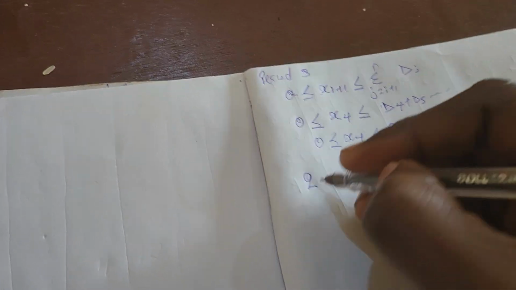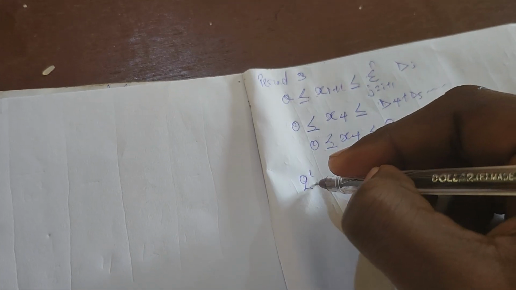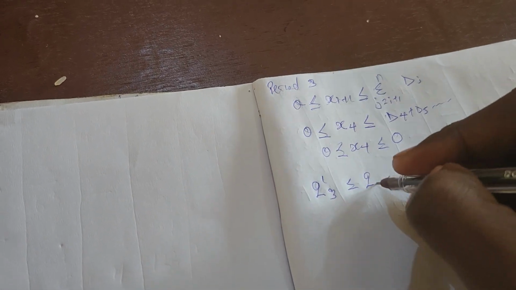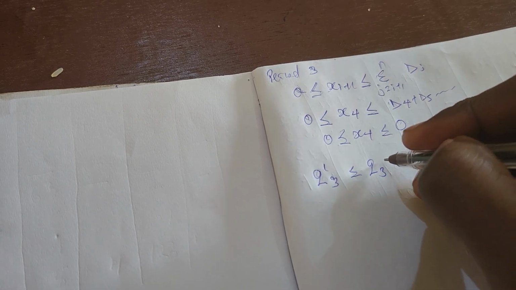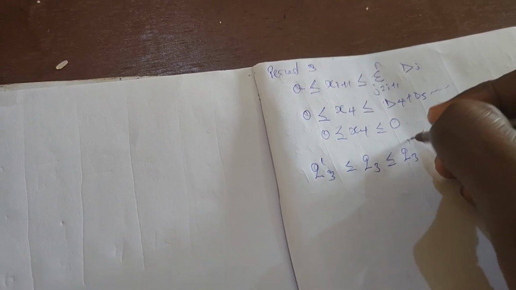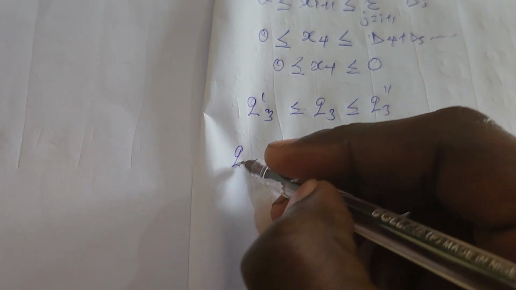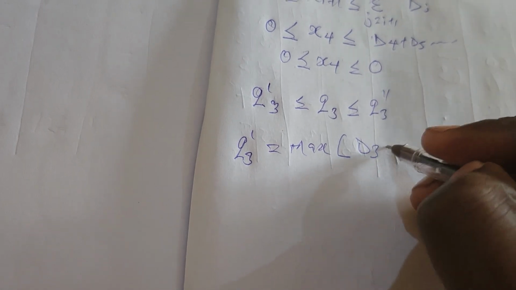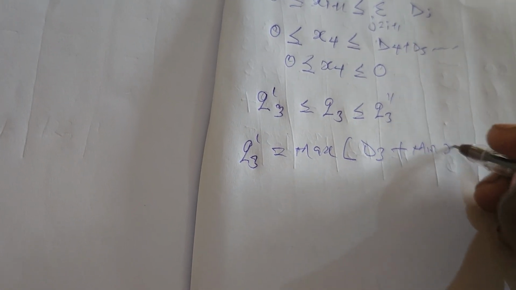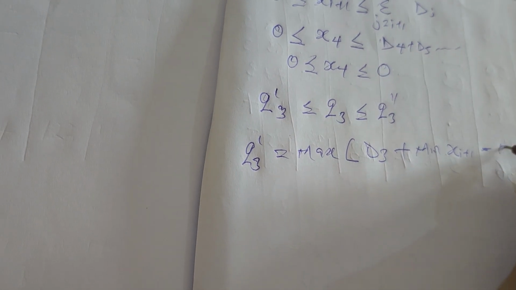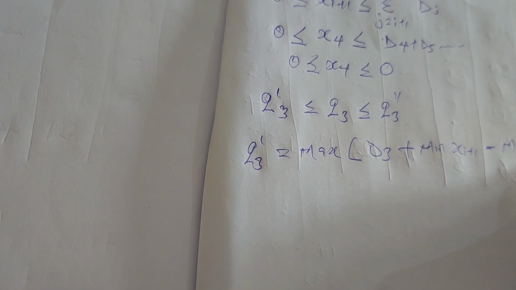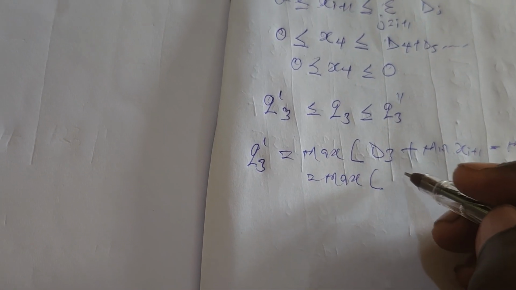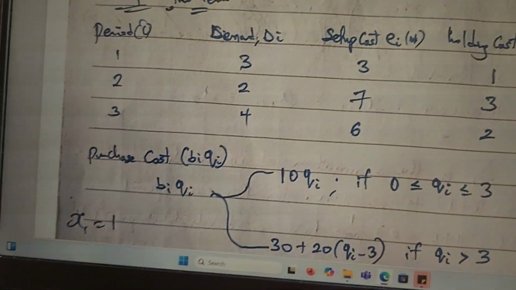So for the quantity now, that's Q3, and from the formula, that will be Q1: D3 plus the minimum of x_{i+1} minus the maximum of x_i, 0. Our D3 here from our question is 4.